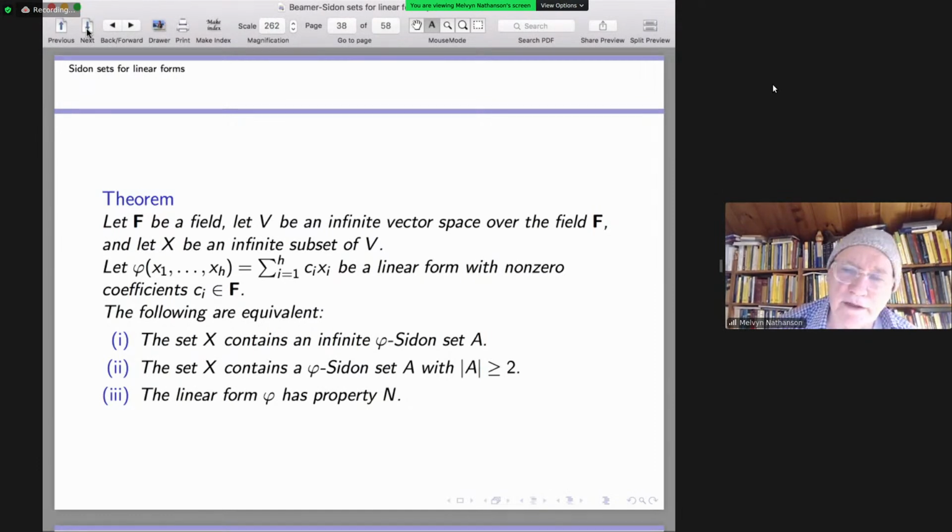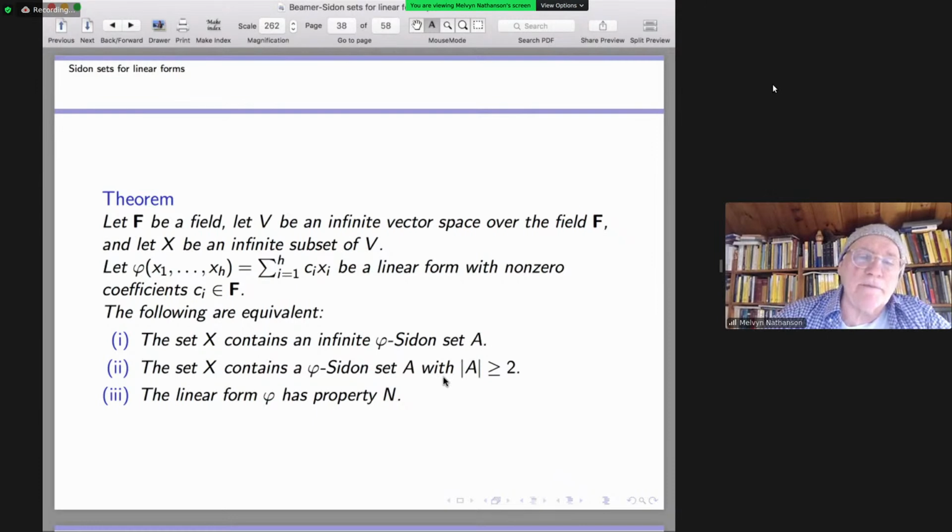So this is, I guess, Theorem 1. Let F be a field, let V be an infinite vector space over F, let X be an infinite subset of V, and take a linear form phi with non-zero coefficients. Then the following three statements are equivalent. The first is that this infinite subset X contains an infinite subset which is a phi Sidon set.